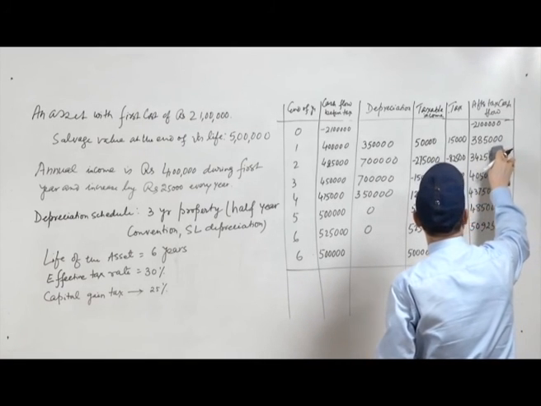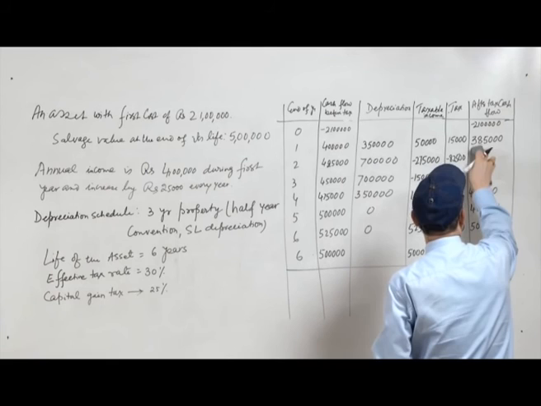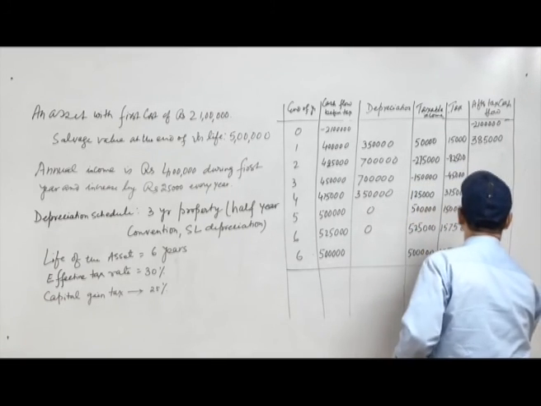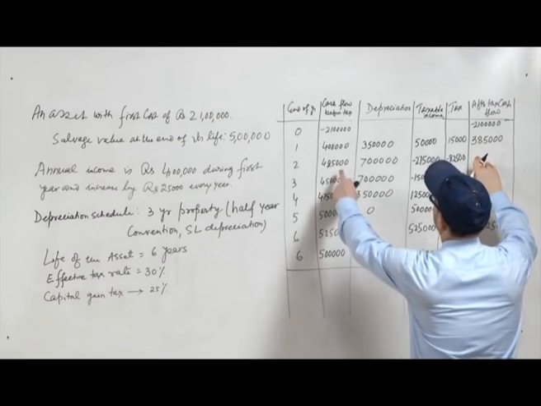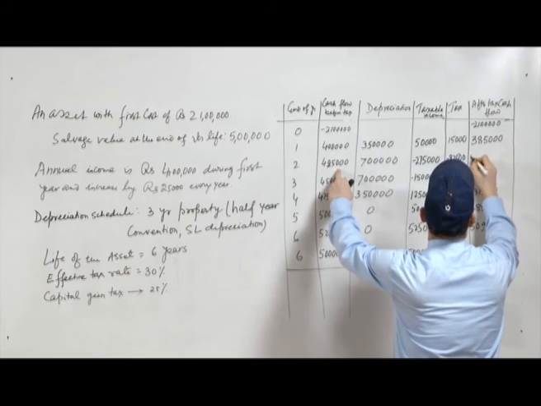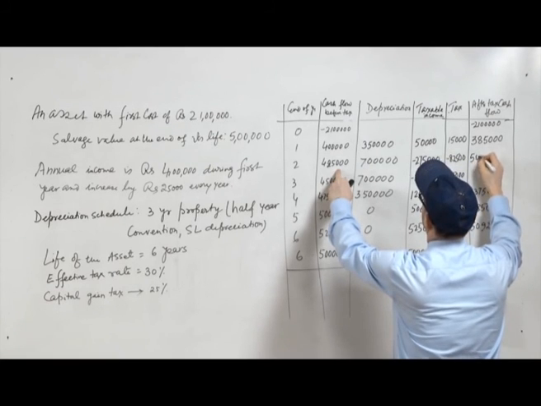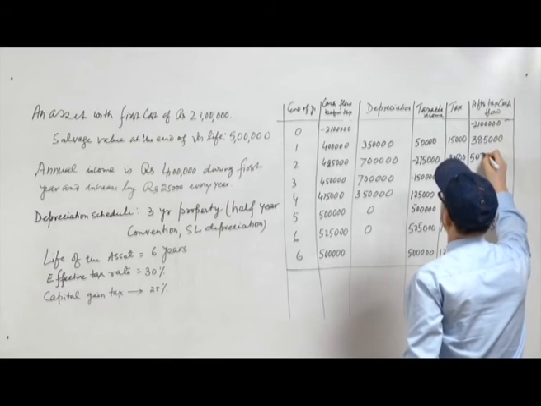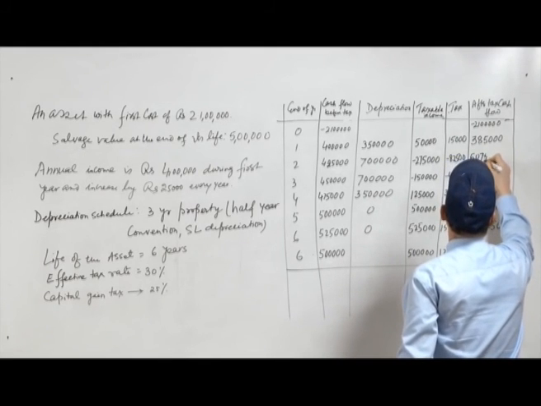Here the amount will be added, because we are getting the benefit because of the gain and because of the depreciation schedule. So this amount will be added here and it will be 5,07,500.